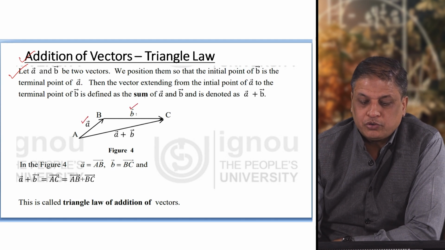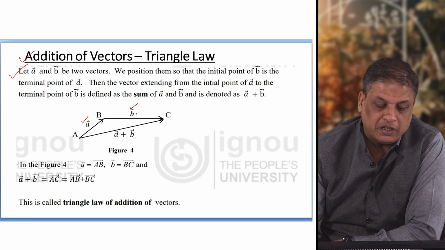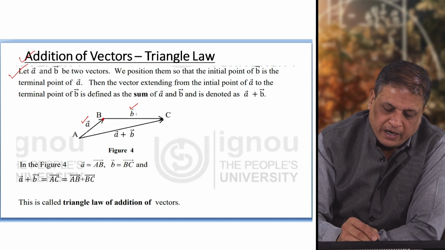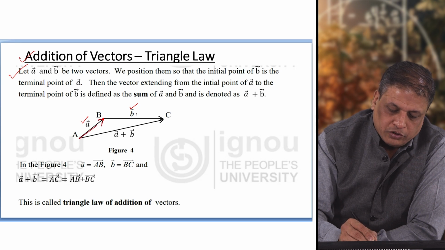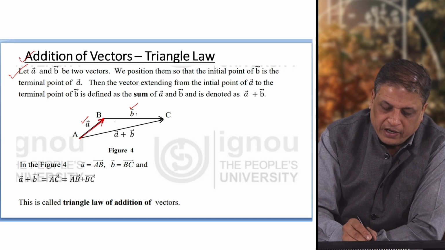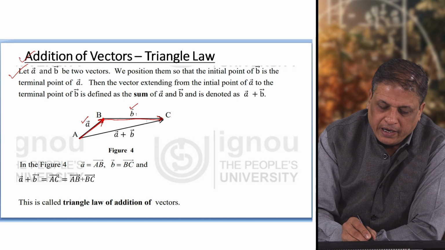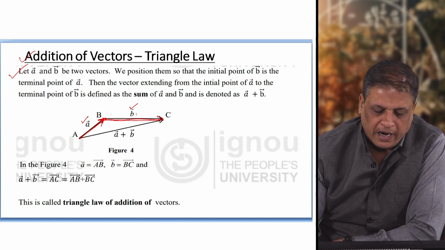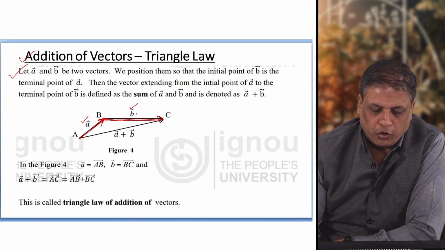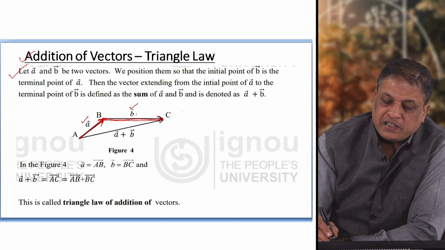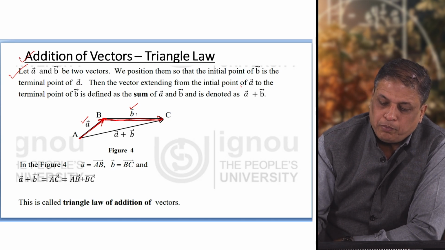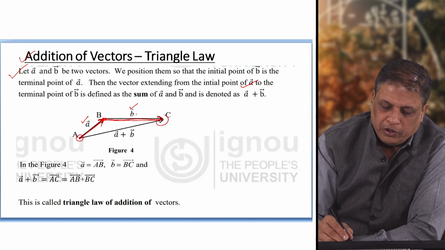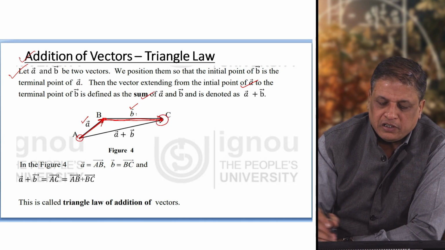We position them so that the initial point of B is the terminal point of A. Then the vector extending from the initial point of A to the terminal point of B is defined as the sum of the vectors.